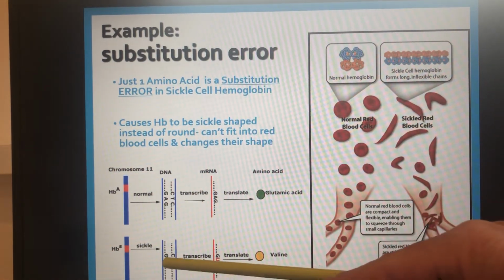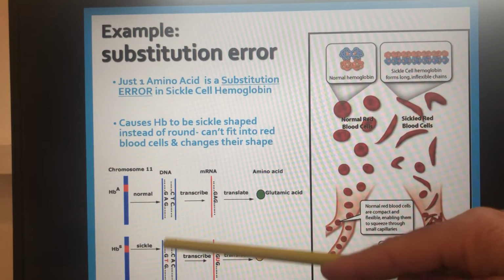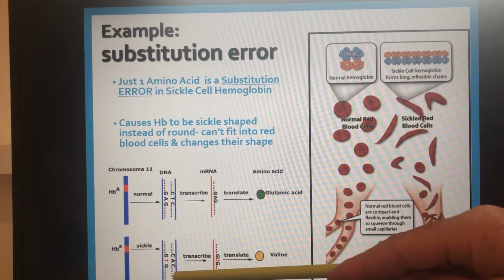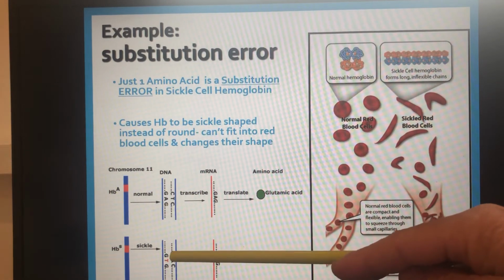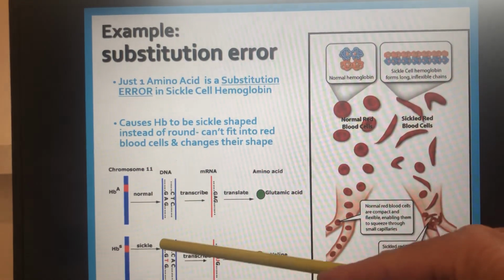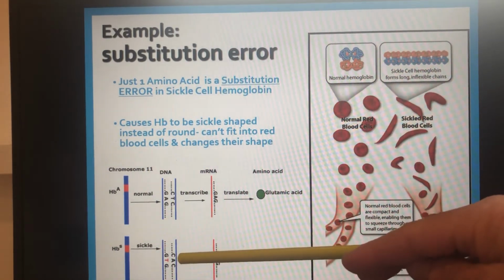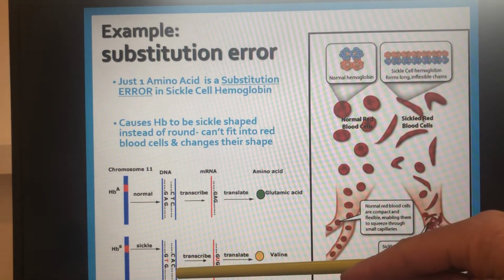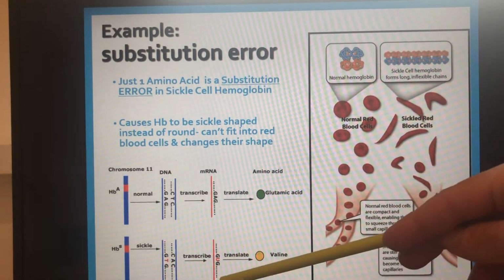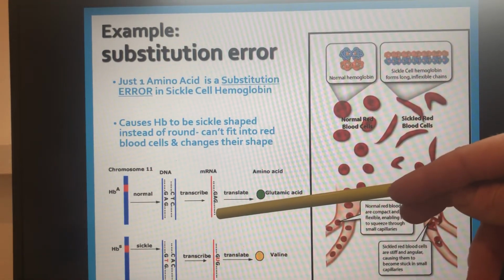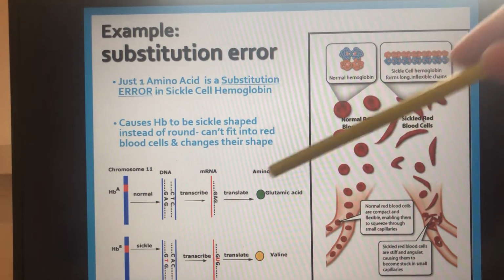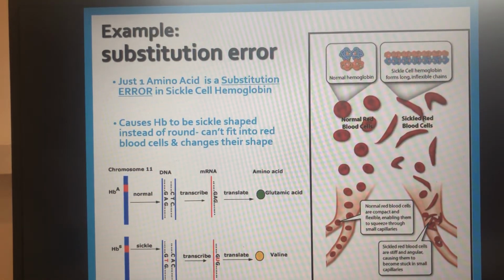And here we see where the substitution is. It should be GAG. Instead, we have GTG. So what's coded for here is GAC. So it just flip-flopped, right? And now the mRNA should have been GAG, which translates into glutamic acid.